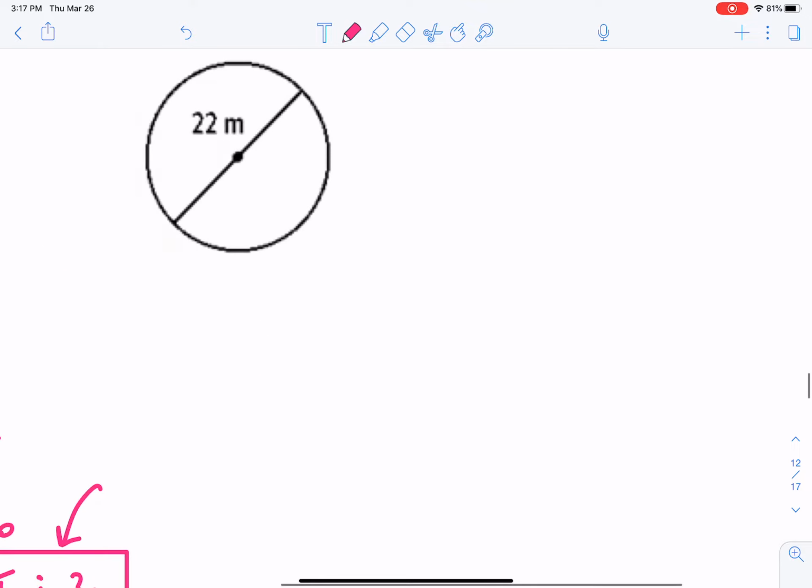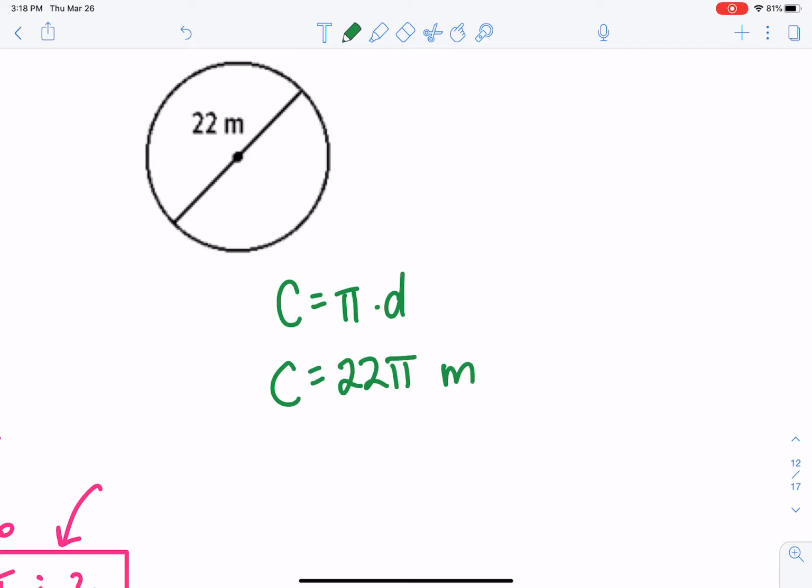But this one, again, gives us the radius or diameter. This one, it gives us the diameter. So I'm going to use pi times d, which the circumference would be pi times 22, or just 22 pi meters. If you'd like a decimal, you can do 22 times pi, which is 69.12 meters.